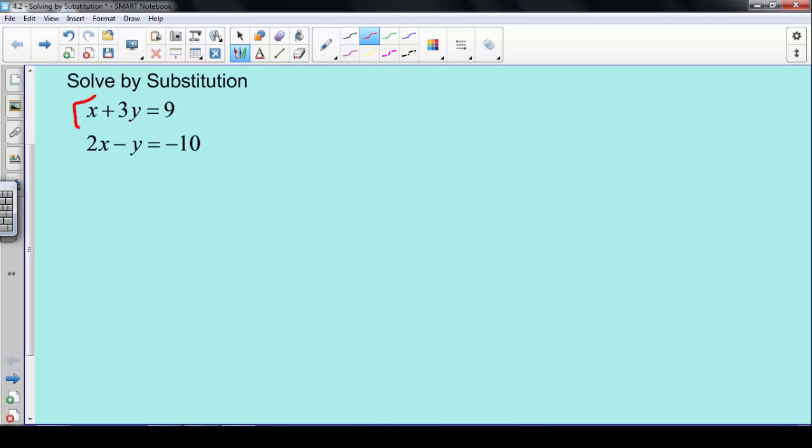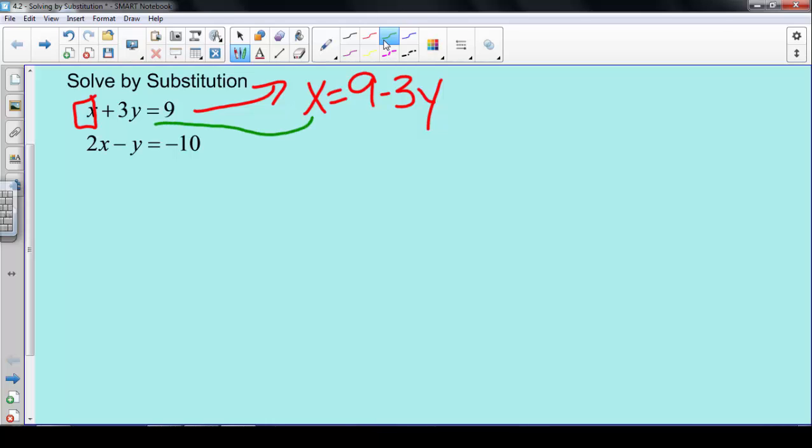So I'm going to start by getting that x by itself. When we do that, you subtract the 3y to the other side. And now we can take this value of x and substitute it into x in the other equation.